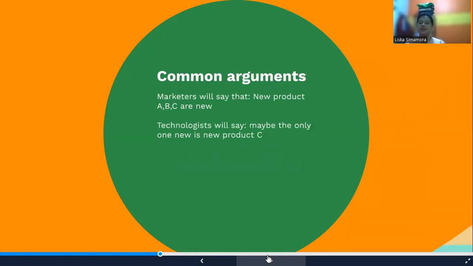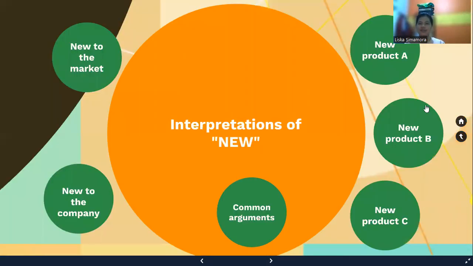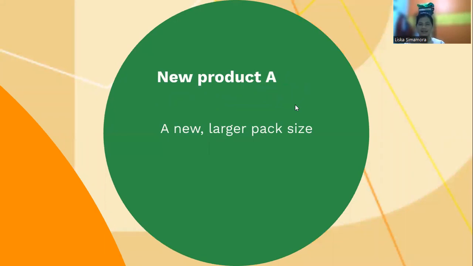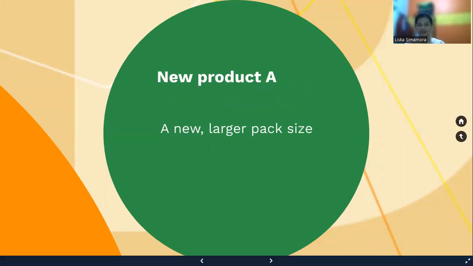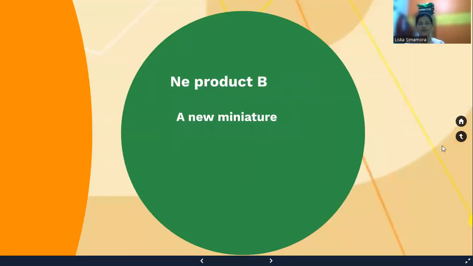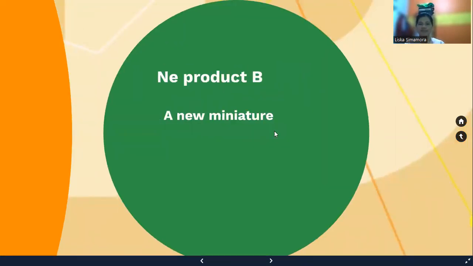So marketers will say that new products A, B, C are new, from the marketer's side. Product A, they say it is new because of their packaging. Product B, it is new because they have a new miniature.